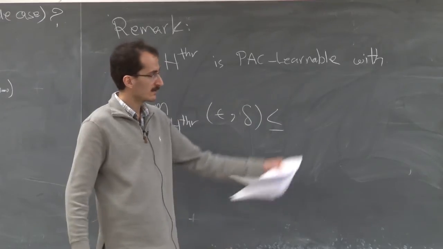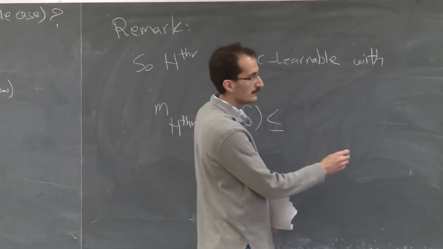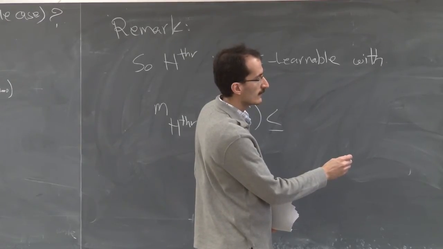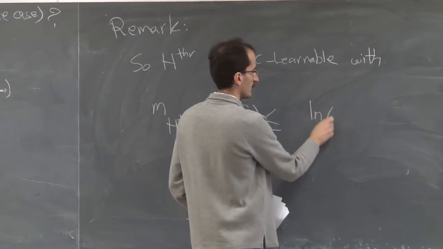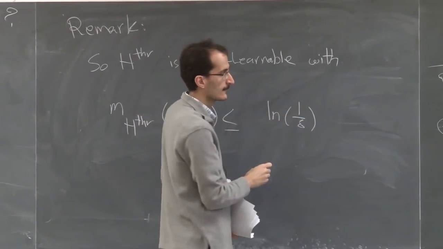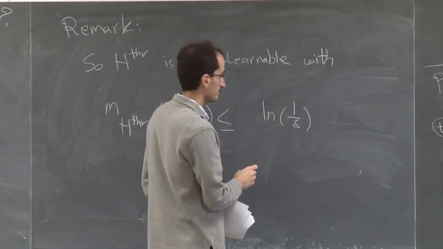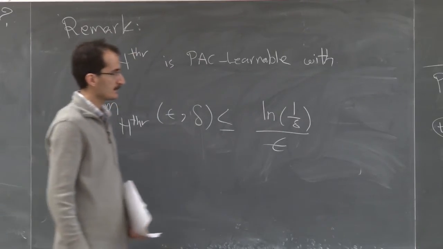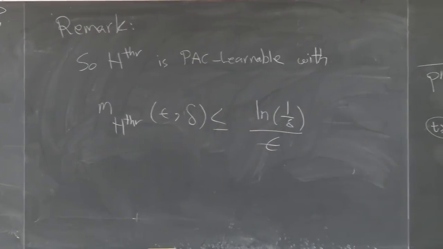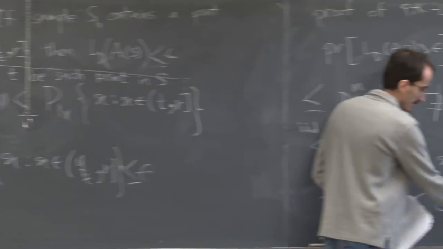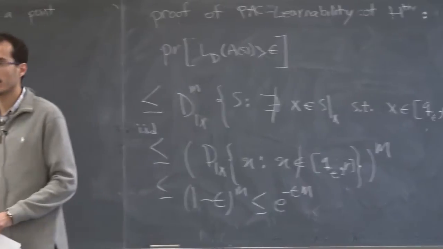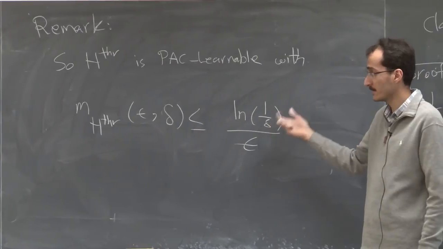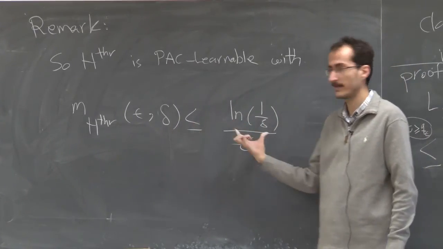We need to do some calculations there. We should put a delta there and divide and multiply things together to see that M should be larger than this to work. But this shows that the best sample complexity is smaller than this.